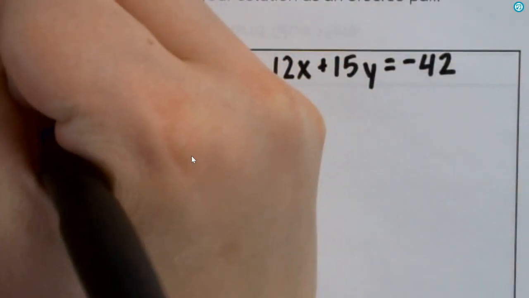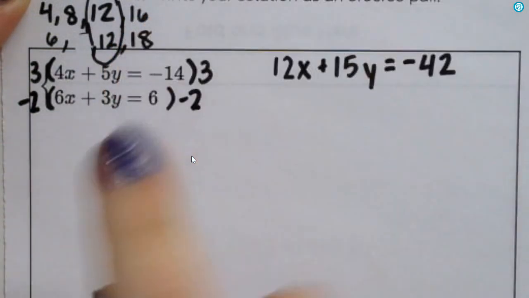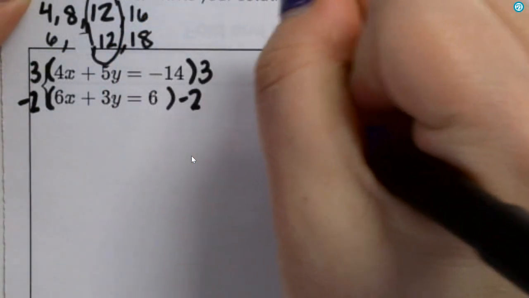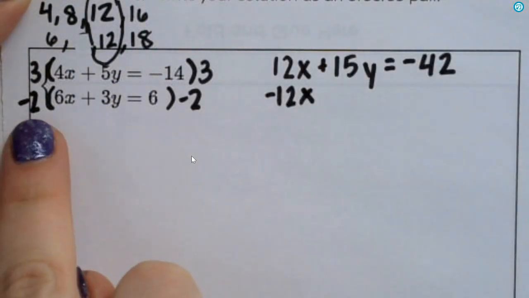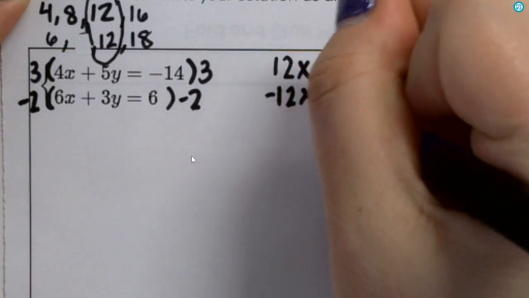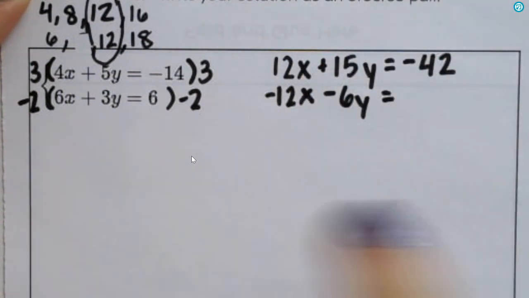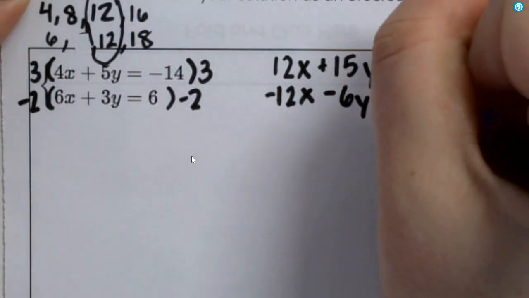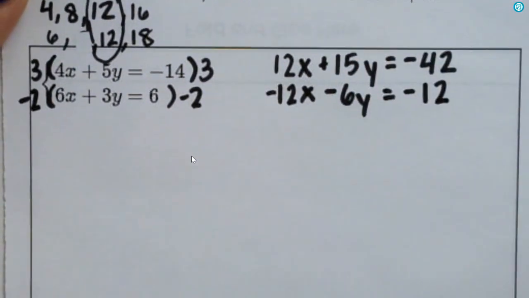So we're going to multiply our bottom equation by negative 2. So negative 2 times 6x will be negative 12x. Negative 2 times 3y will be negative 6y. And negative 2 times 6 will be negative 12.